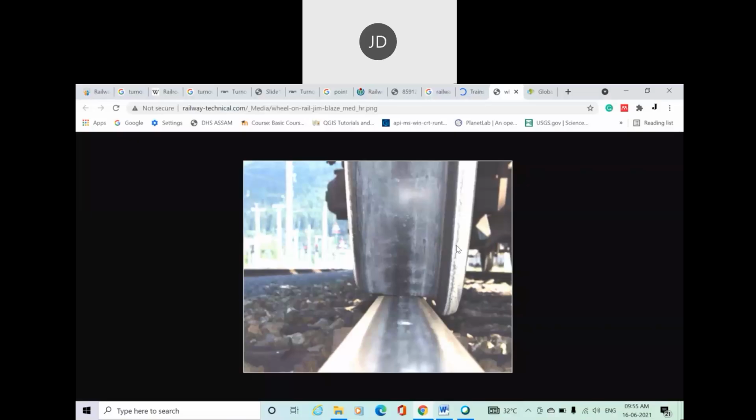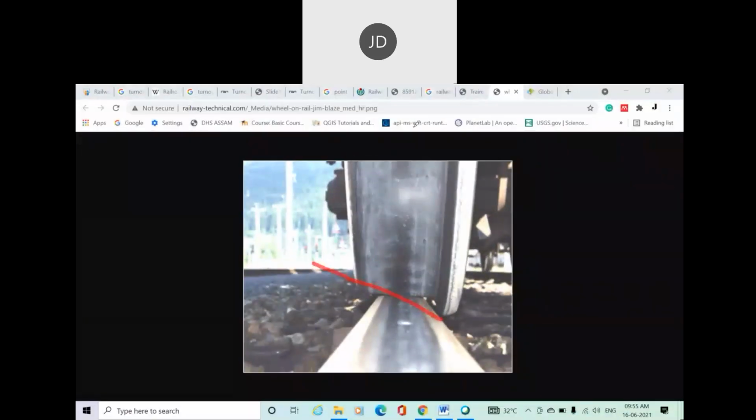Is it visible? This is the inner part of the rail, and this is the flank. This is the inner flank which has a larger diameter, and here is a smaller diameter. So basically it is of tapered geometry. Even from the top it is tapered. Clear? And this is the flank, and you can see there is always a gap between the rail surface and this flank, to reduce the friction.